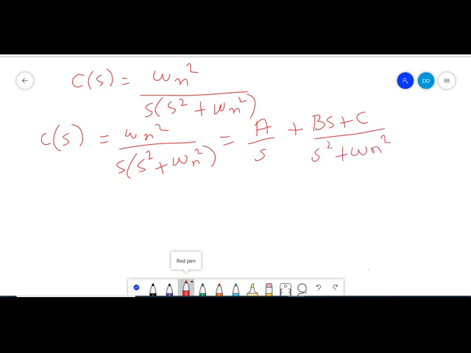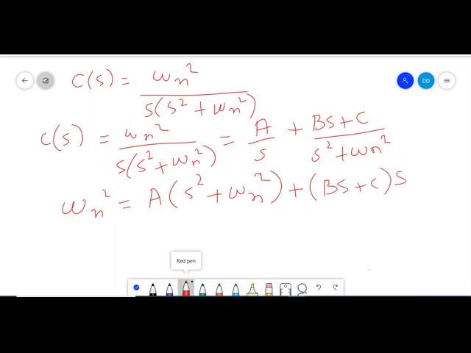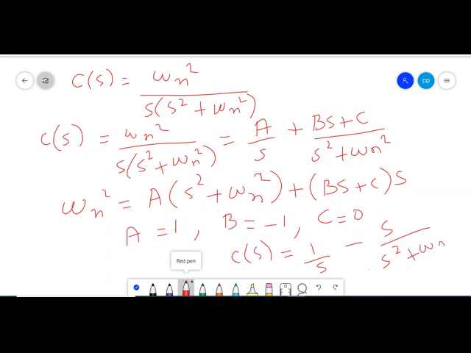If you solve this, omega n square is equal to A into s square plus omega n square plus B s plus C into s. We get A equal to 1, B equal to minus 1 and C equal to 0. So we can substitute it in C of s, which gives us 1 by s minus s divided by s square plus omega n square. So from this equation 1, we will obtain C of t.